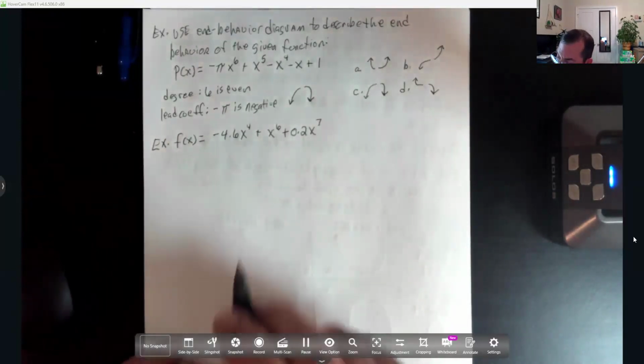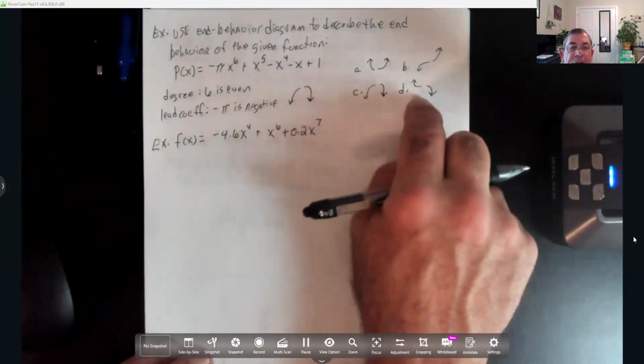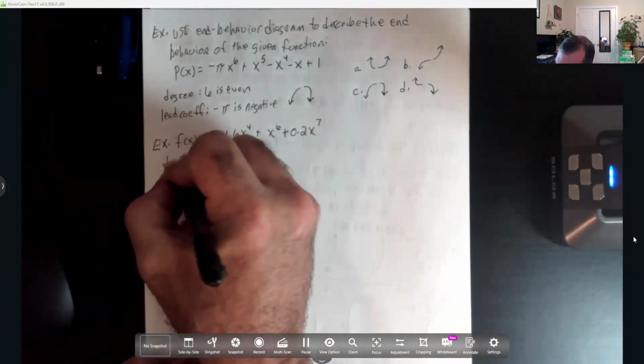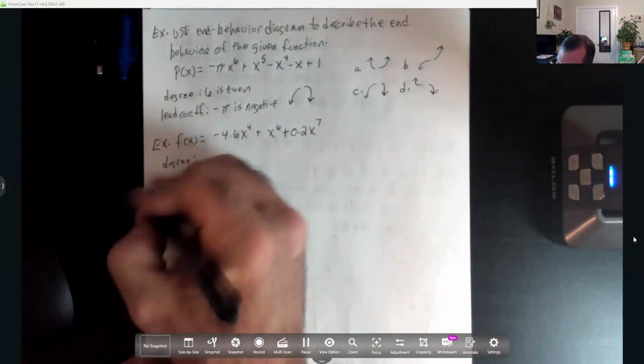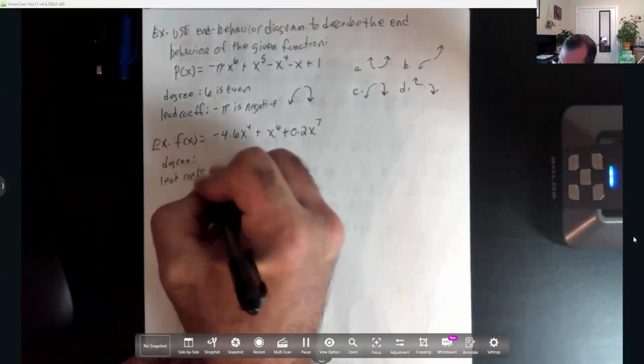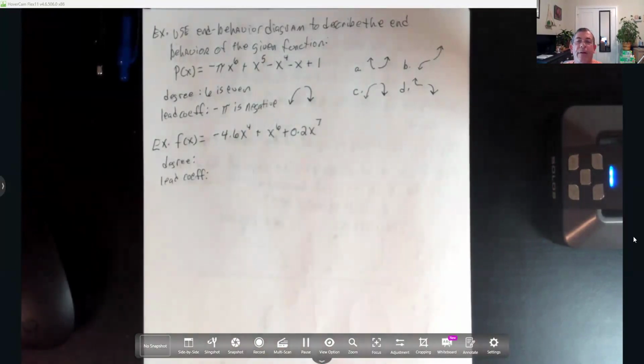A, B, C, or D for this graph. You have to figure out your degree and that lead coefficient. Is the lead coefficient positive or negative? Let's see.